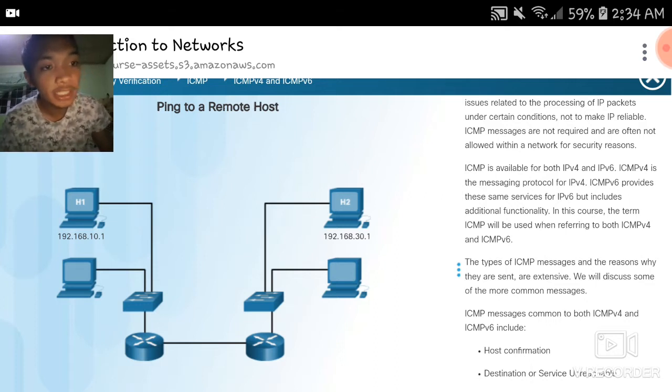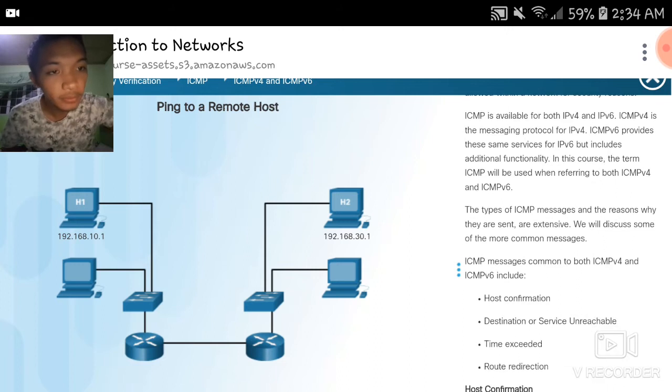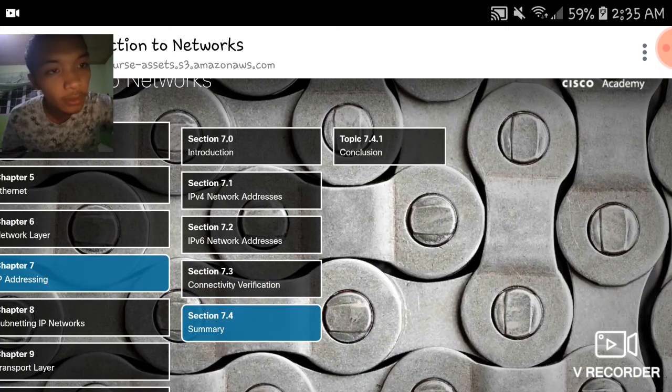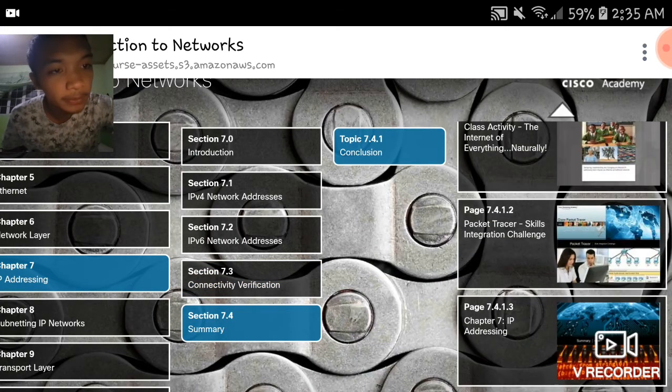ICMPv6 provides the same services for IPv6 but includes additional functionality. These are the ICMP messages common to both ICMPv4 and ICMPv6: host confirmation, destination or service unreachable, time exceeded, and route redirection.